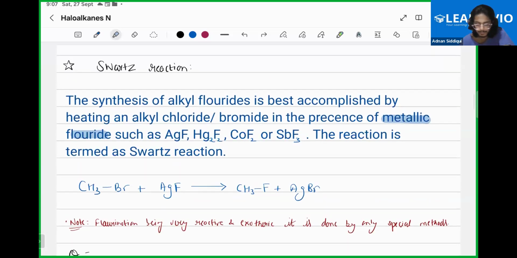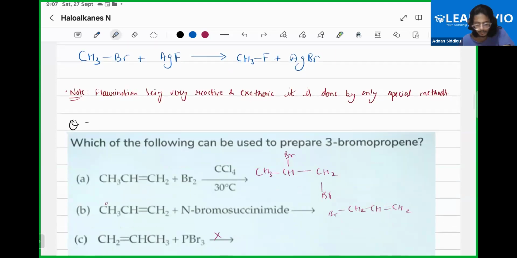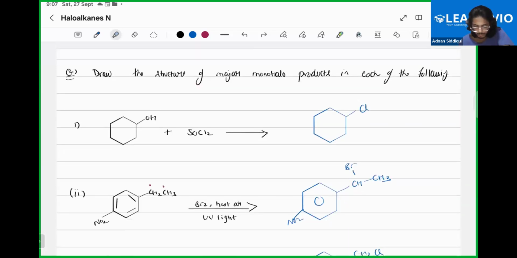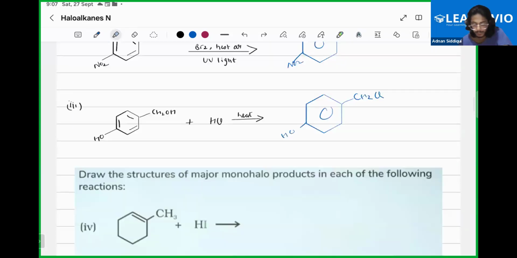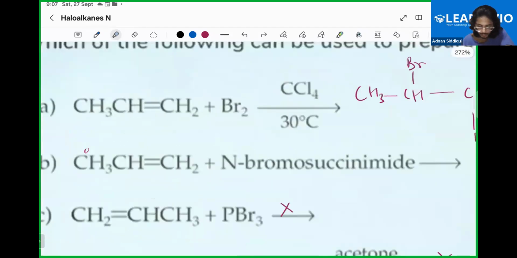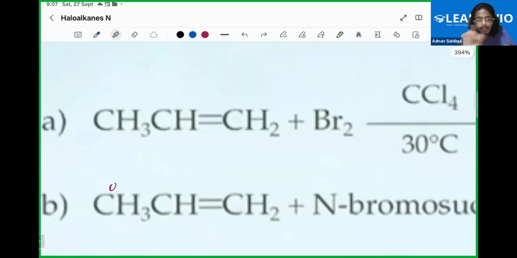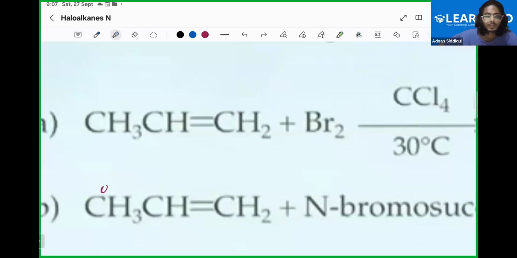Okay. Now you have to solve some questions, and I will mark some questions from your NCERT as well. First of all, identify: have we seen this type of reaction? Yes, sir, bromination.